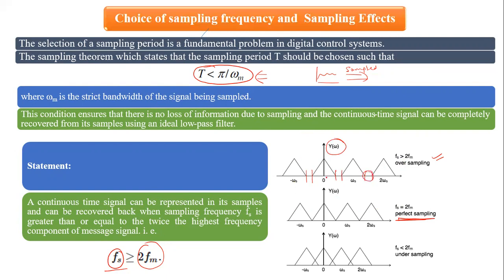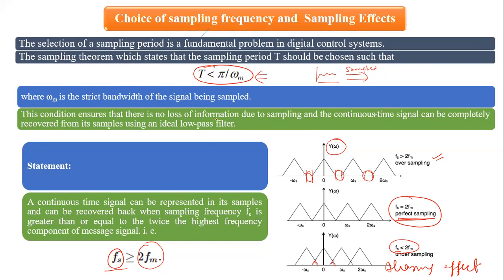So here you don't have any frequency information, right? If you sample the given analog signal with less than twice the maximum frequency component, you would be having overlapping, which we call aliasing. So the aliasing effect is seen here. It is only when you have equal to, then we get the perfect sampling, right?